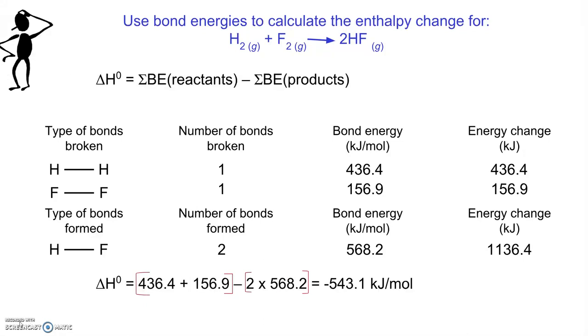So therefore, by plugging into our equation, we take the sum of our reactants, the hydrogen to hydrogen and the fluorine to fluorine, minus 2 times, that's the number of moles, times our bond energy for hydrofluoric acid, and we will achieve a negative 543.1 kilojoules per mole of energy. That's a lot of energy.